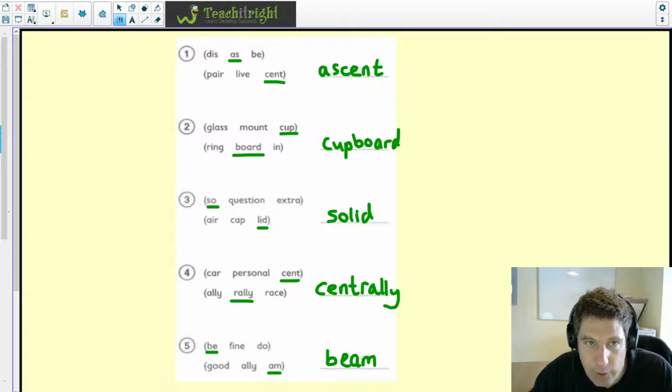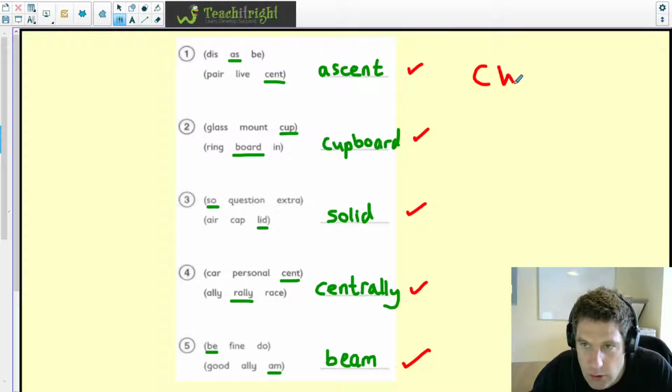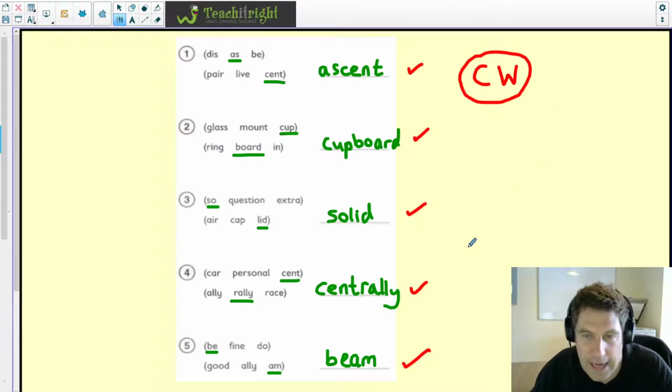So as you go down through, do please tick them off. If you didn't realise they were compound words, or you got it wrong, then obviously write those words in your word and meaning book. Maybe you could come up with a little code, so you could do compound word, you could just do CW and just maybe write that next to the compound word, just to add a little bit of variety to your word and meaning book.